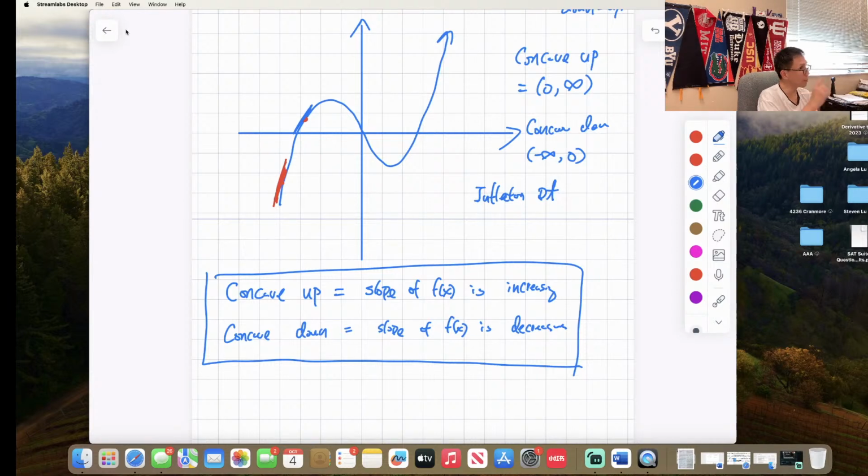If you want to make sure, you do one more point right here. What will be the slope at this particular point? What is the slope of that point? Not nothing. It's 0. Slope is 0. Right? It went from really positive to a little bit less to 0. So my slope is actually decreasing.